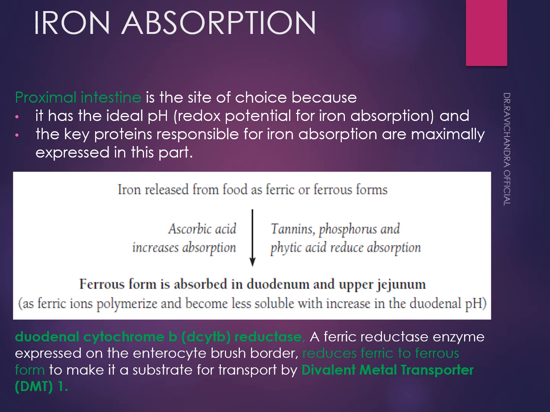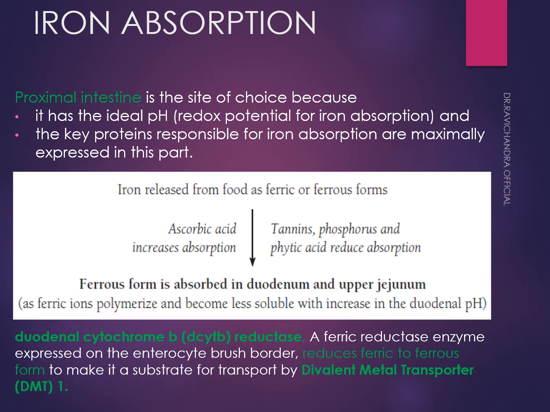So iron is released from the food as ferric or ferrous forms, and the acids will increase absorption. Ascorbic acid, hydrochloric acid, etc. will increase the absorption, whereas the alkaline medium will reduce the absorption. Tannins, phytates, phosphorus, like this.